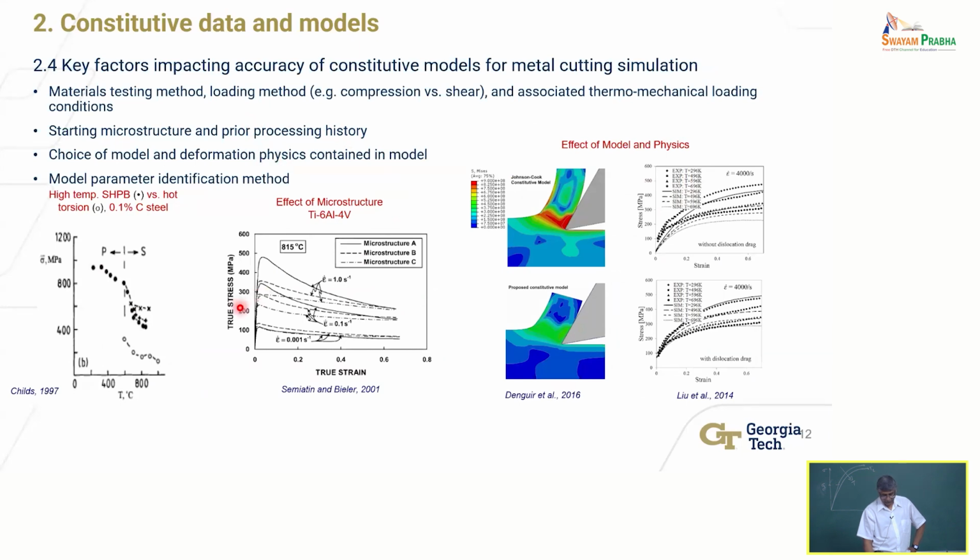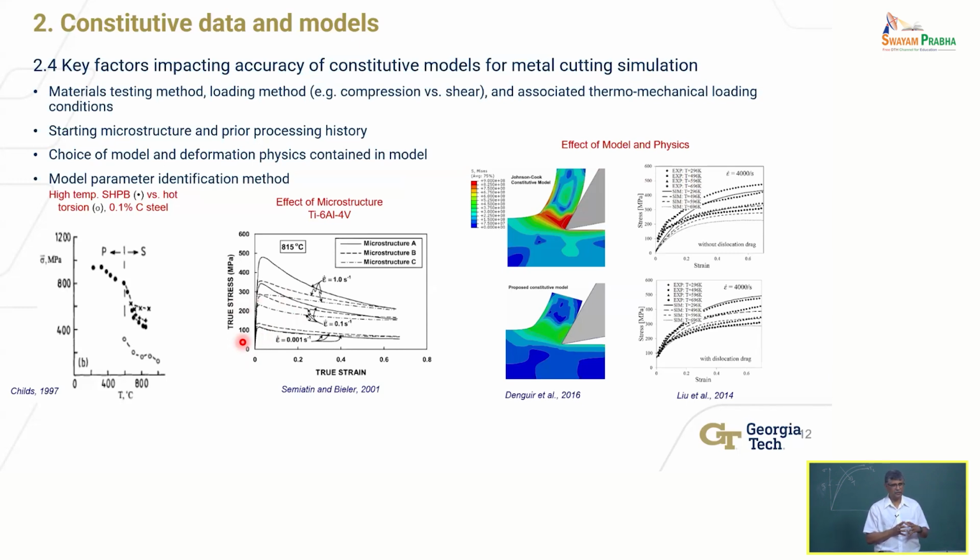Yeah, I mean, there are many aspects that are important. When you're describing material behavior, every material has a certain starting microstructure. Think of steels. Depending on the heat treatment, their starting microstructure is different, right? Just because you say, I machined AISI 1045 steel or mild steel or whatever, may not be enough.